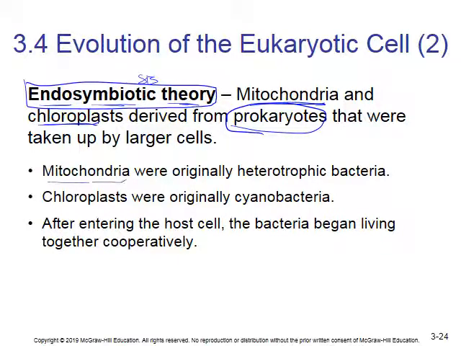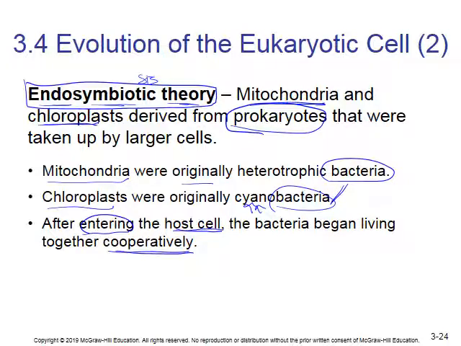So they believe that mitochondria were originally bacteria, and that chloroplasts were originally cyanobacteria, a term for a group of bacteria that can turn sunlight into energy, carbohydrates. So both bacteria, and somehow they entered a host cell and began to live cooperatively.